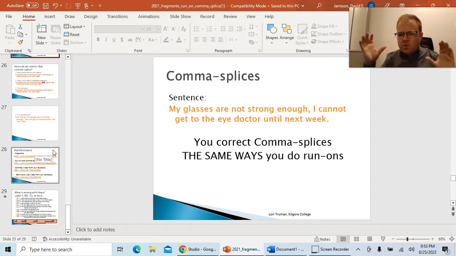Once you've written all five of those, below that you will write those corrected. So correct your fragments and correct your run-on sentence and your comma splice in whatever way you feel like. But make sure they're complete sentences.